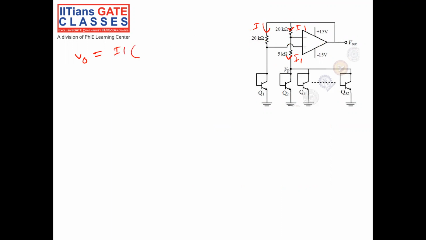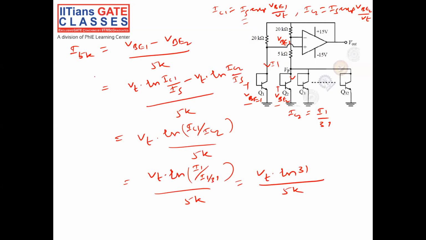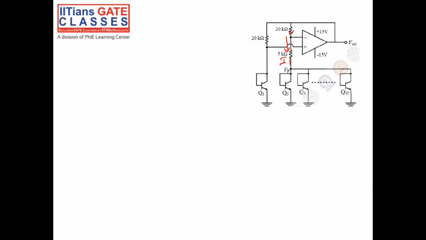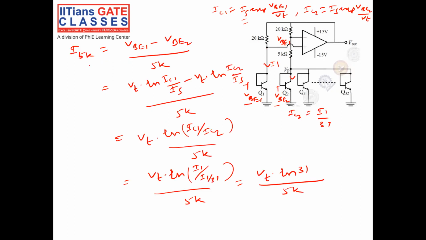I1 is nothing but the 5K current, because the same current I1 is flowing through 5K.